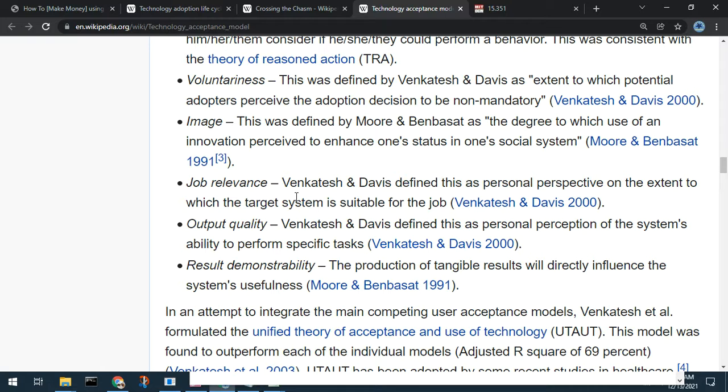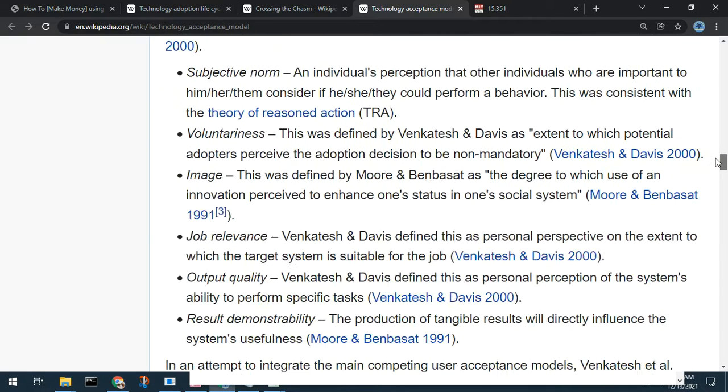Is it relevant to your job? Do people need this new technology? Do they need the AR glasses now to do their job? Well, obviously that's going to propel the adoption. Does it allow them to increase their output? Does it produce tangible results? So again, these are all factors that when you're looking at a technology and whether it's going to be able to cross the chasm, achieve adoption, I think this is useful information.